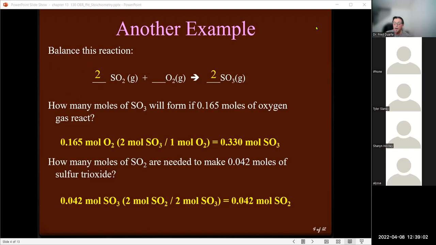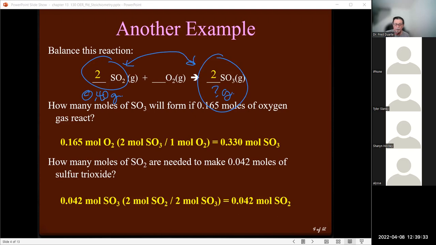But the next step, like I said, when we're in moles, is to work in grams, because those are the units that we actually work with in the lab. And so instead of moles, the problem could have been, all right, I've got 0.40 grams of sulfur dioxide. How many grams of sulfur trioxide do I need?